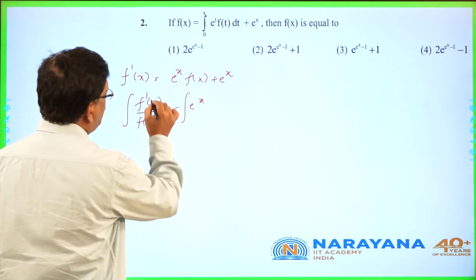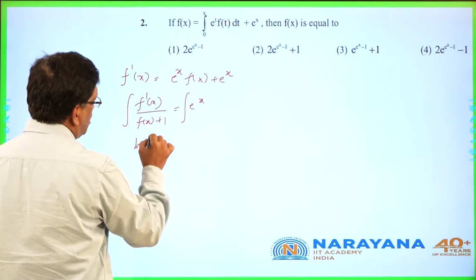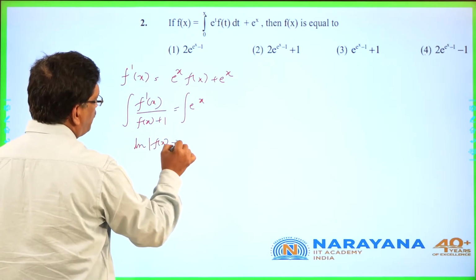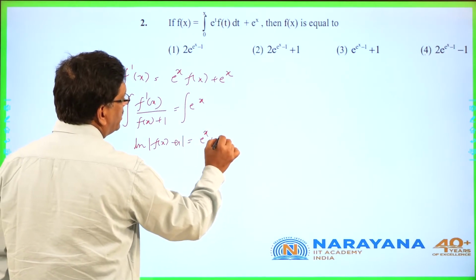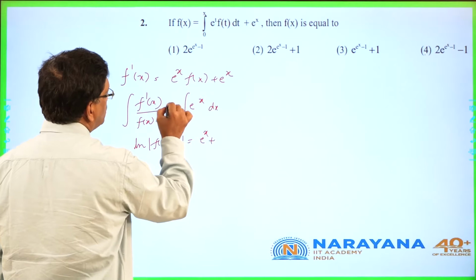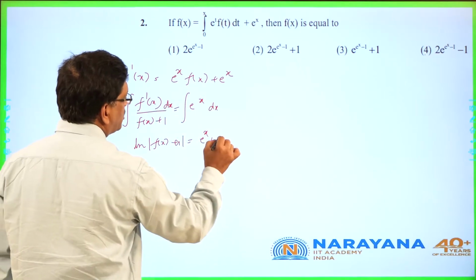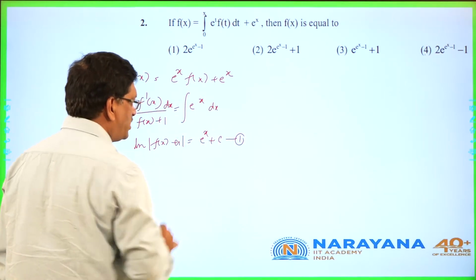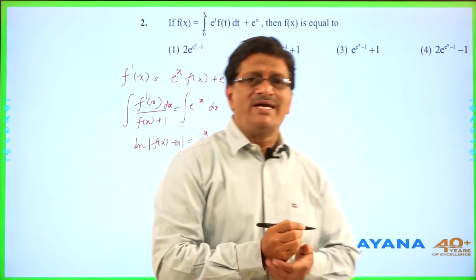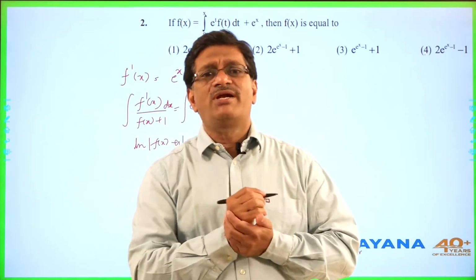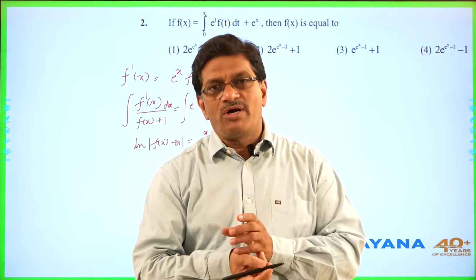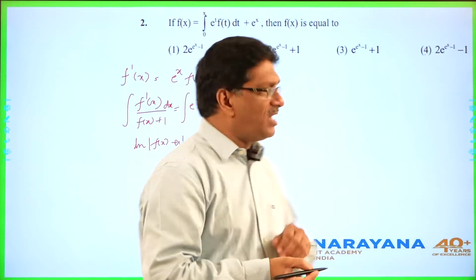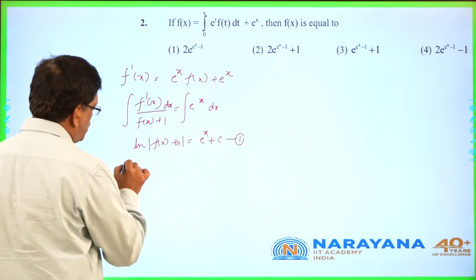So it is f dash x by (f of x plus 1), giving log mod (f of x plus 1), is equal to e power x, the integration of e power x is e power x, remember with respect to dx, plus constant. To find the constant, in general sometimes they will give boundary conditions. When he has not given, that also we have to derive.